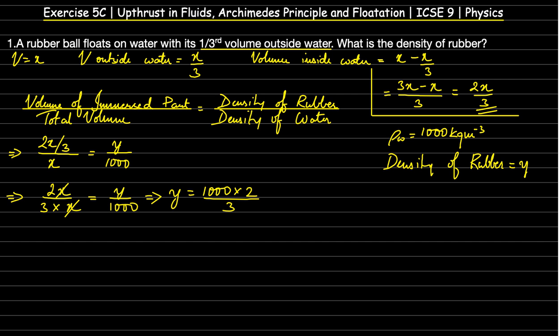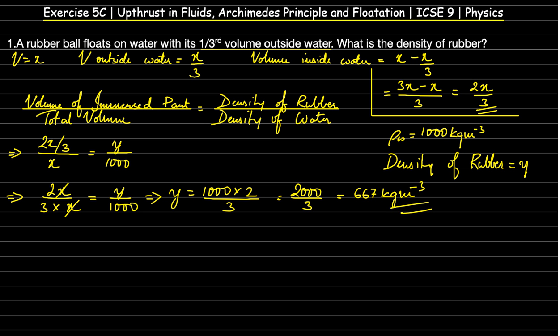Once we do the calculations, we get 2000 divided by 3, which approximately gives us 667, and since we are finding it in SI unit, kg m to the power of minus 3. So the density of rubber is 667 kg per meter cube.